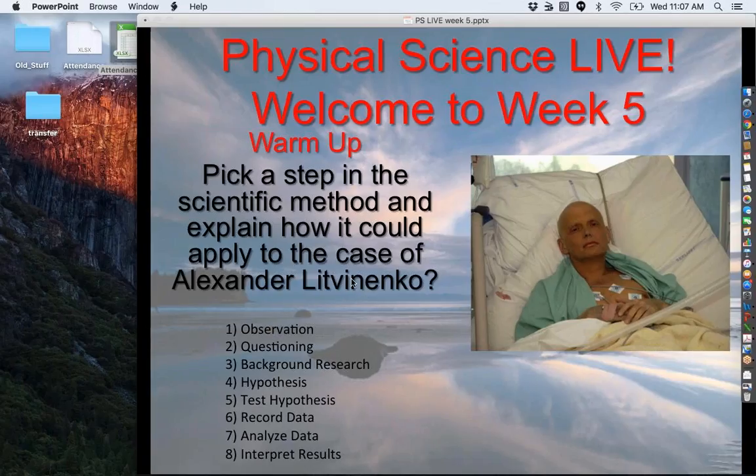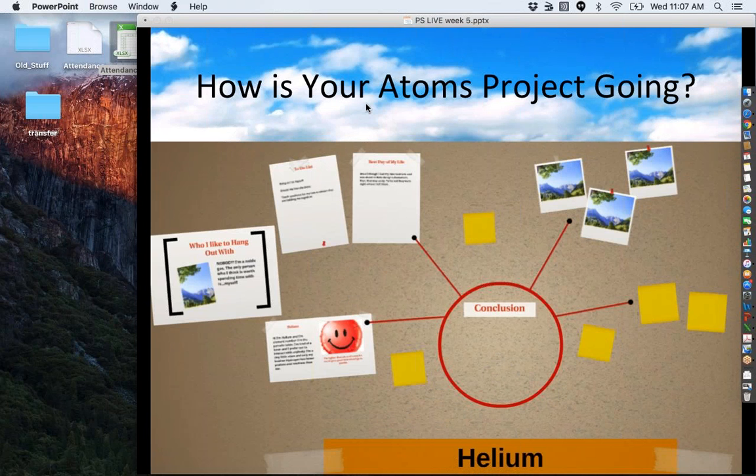That all makes sense? You follow me there? Good. All right, good. I think you guys are thinking. I think you're using your brains this morning. How are your atom projects going? Are you guys having fun with that? Are you figuring that out? You working through it? You getting all the info related to your atom? Good.